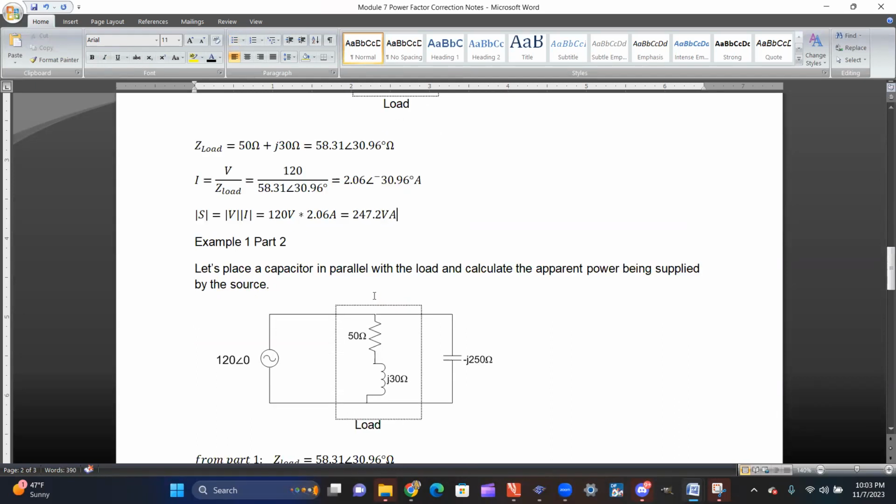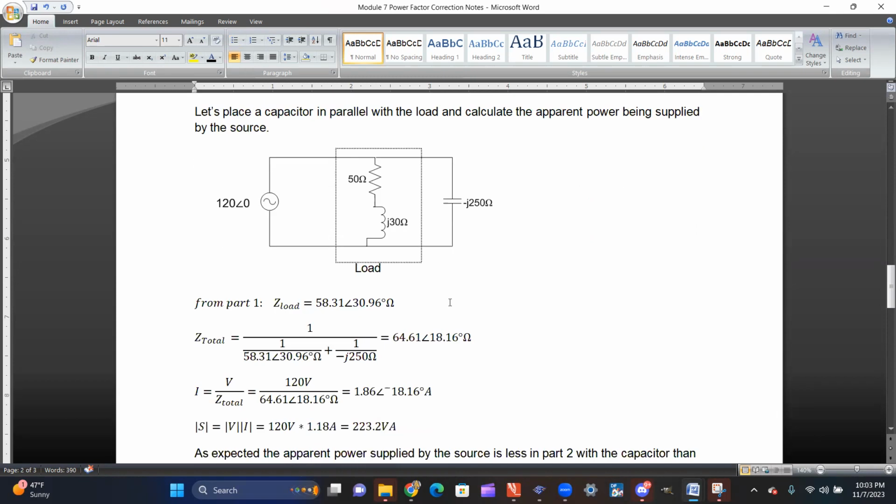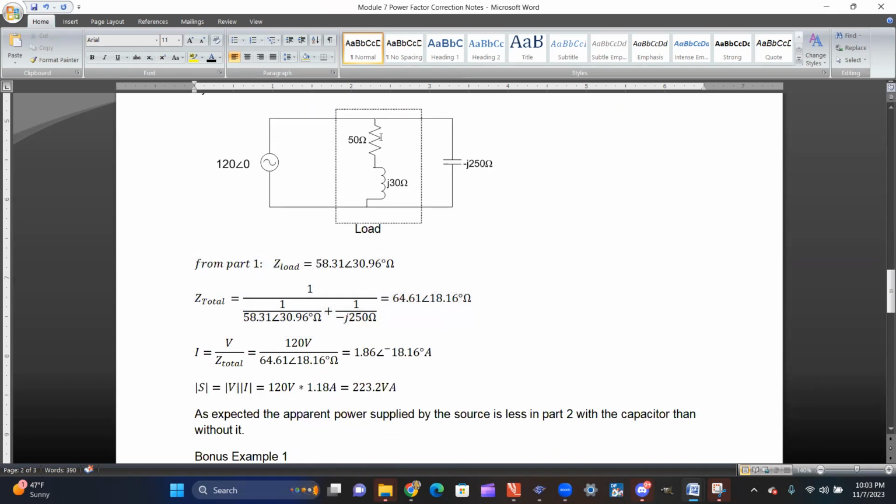All right, so part two of this example. Let's place a capacitor in parallel with the load and calculate the apparent power being supplied. Whenever we do that, we put this load in parallel with this capacitor's reactance. Therefore the current has been reduced to 1.86 amps at an angle of negative 18.16, and the apparent power has also been reduced to 223.2 volt-amps.